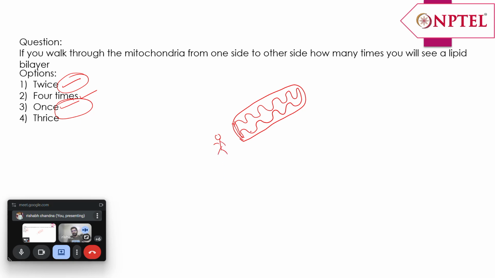right? Now you have to travel from one side of the mitochondria to the other. Now you tell me, how many lipid bilayers will you see?